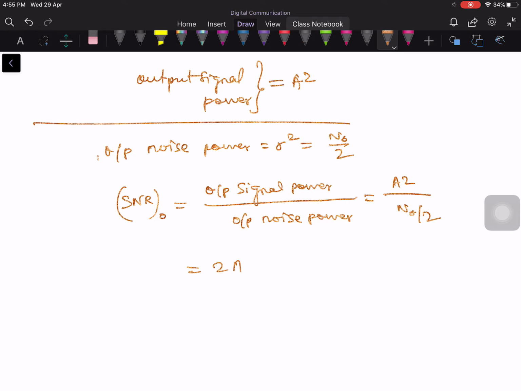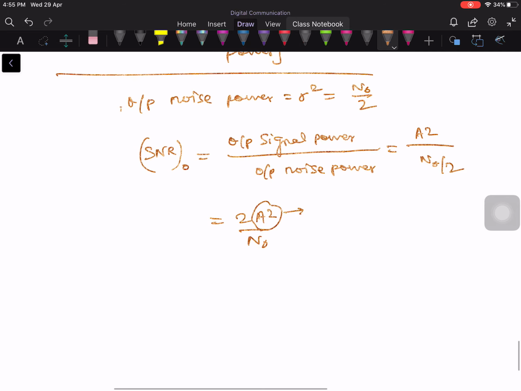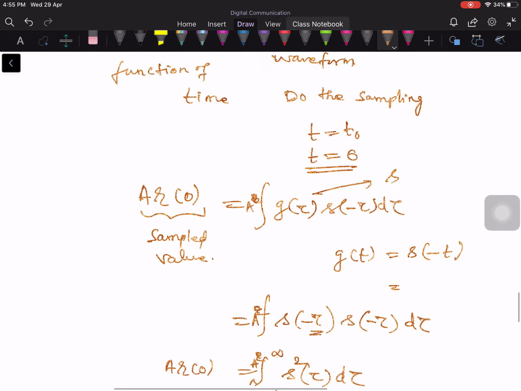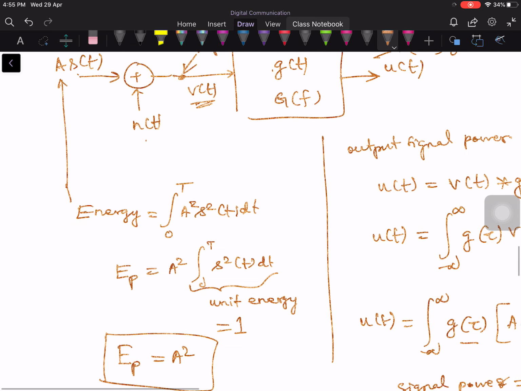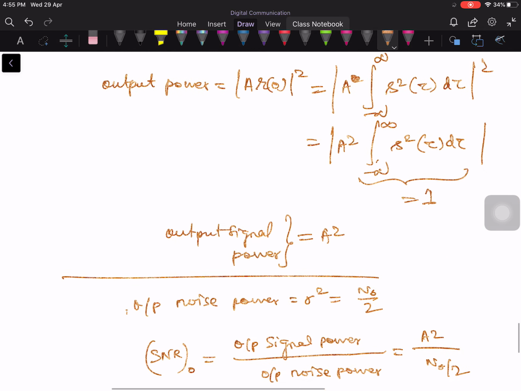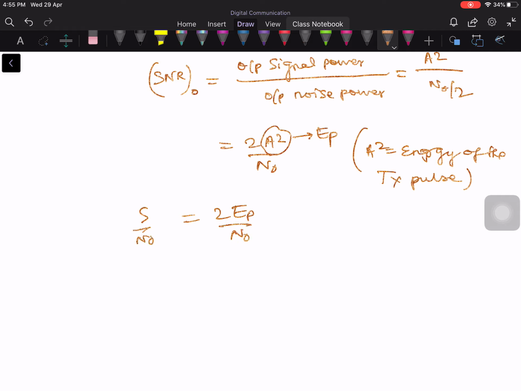So this is 2A square by N0. Now this A square we already derived is equal to the energy of the transmitted pulse, E_p. So this is 2 times E_p by N0, the output SNR.